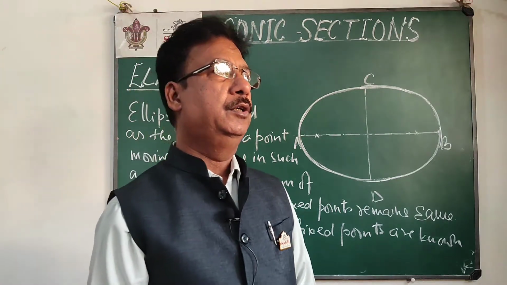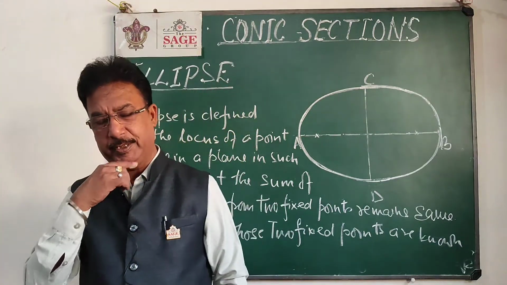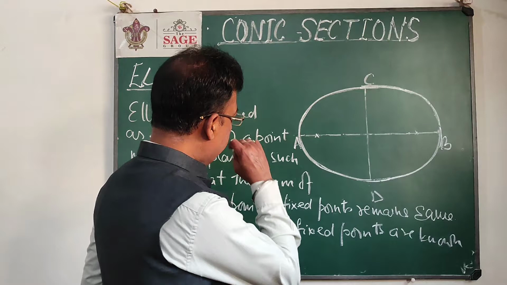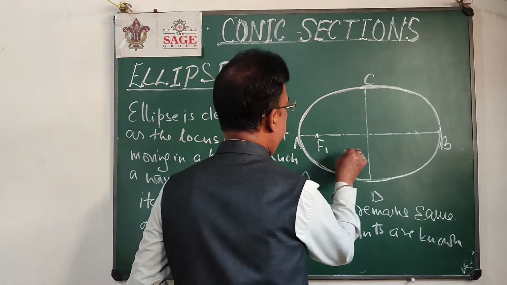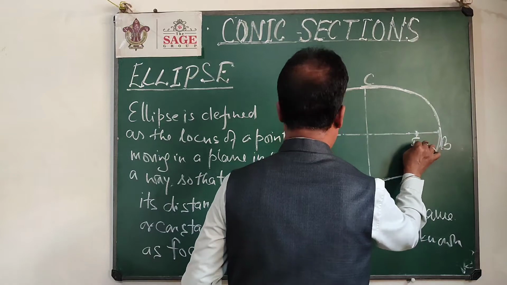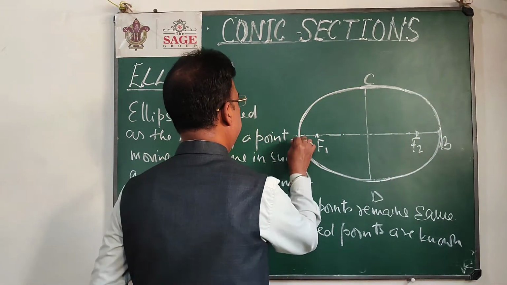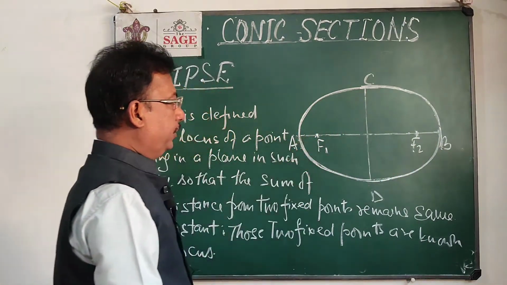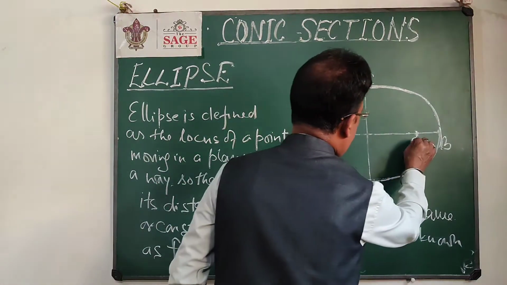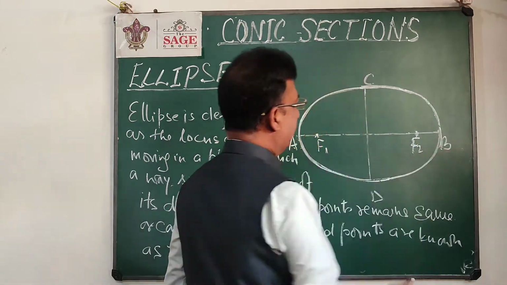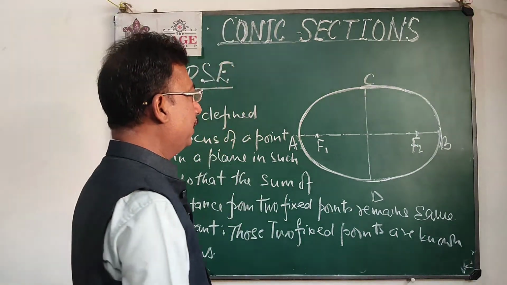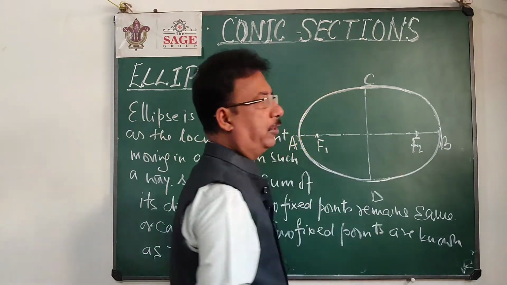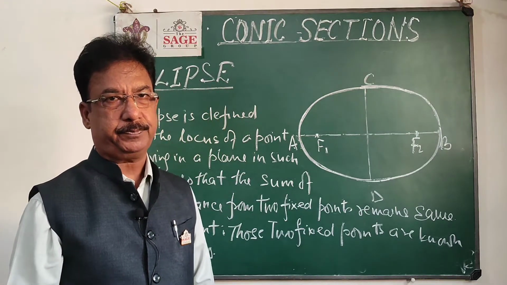Suppose in this figure I mark this point as focus F1 and this point as focus F2. Here we have an ellipse with AB as the major axis and CD as the minor axis. These are the two axes of the ellipse, and F1 and F2 are the foci of the ellipse.